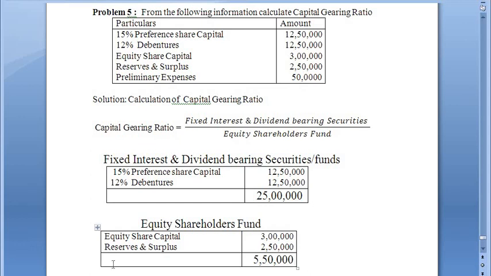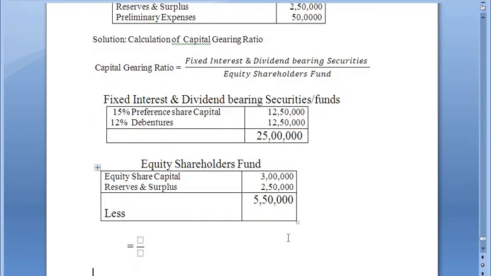From 5,50,000 we have to deduct what? Less fictitious asset. Okay, for an example of fictitious asset, you can check here. There is only one example, that is preliminary expenses. So write here less preliminary expenses. Okay, what is the amount of preliminary expenses?